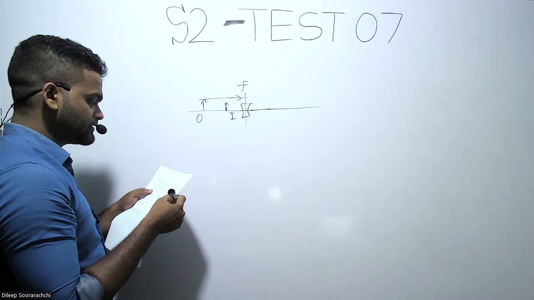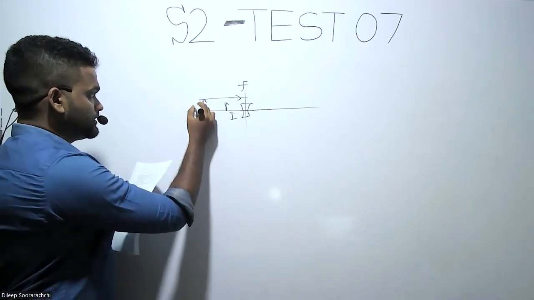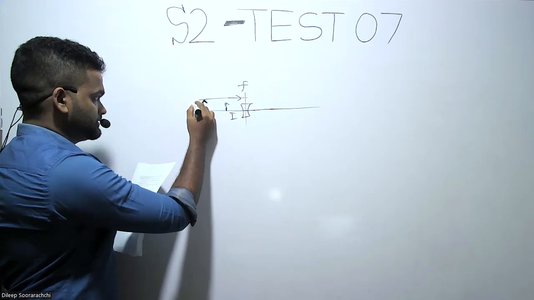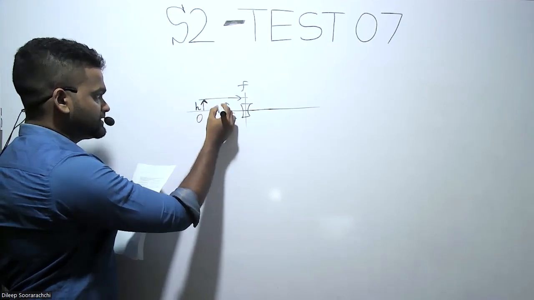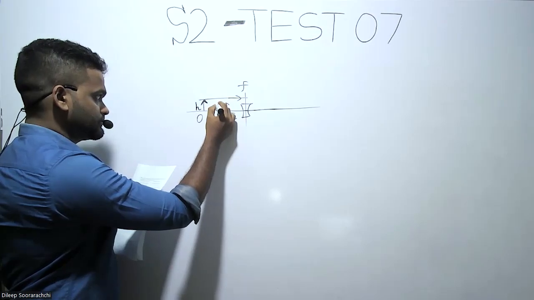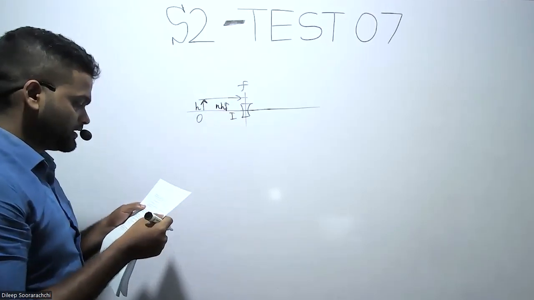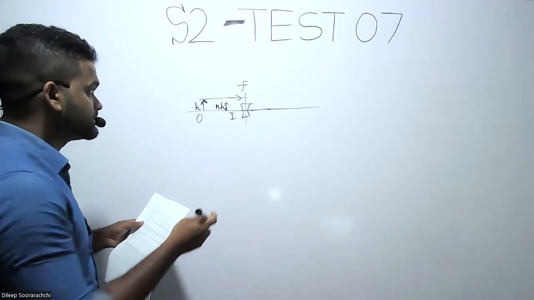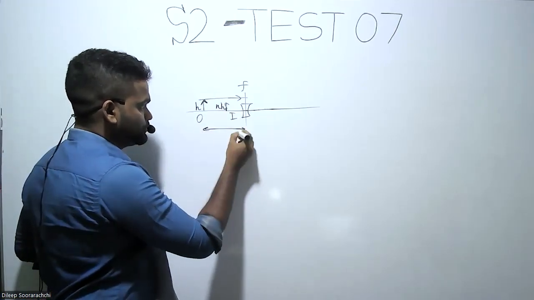n times the size of the object. So if the object size is simple h, image size is n times h. So what they ask is object distance. In this case, let's say object distance is u.